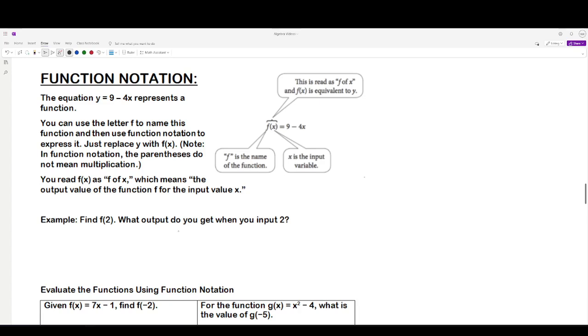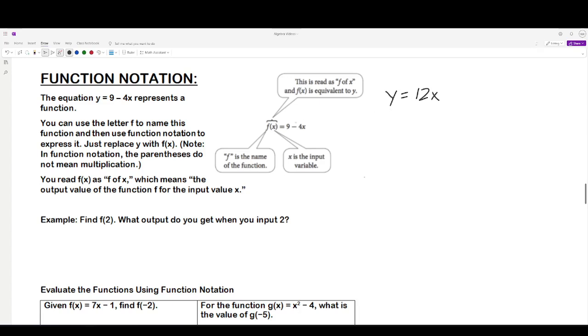Then we're going to get into some new things now with functions, the first of which being what we call function notation. So you've written equations as being like y equals 12x. That doesn't actually show that y is a function of x. They're two separate variables.